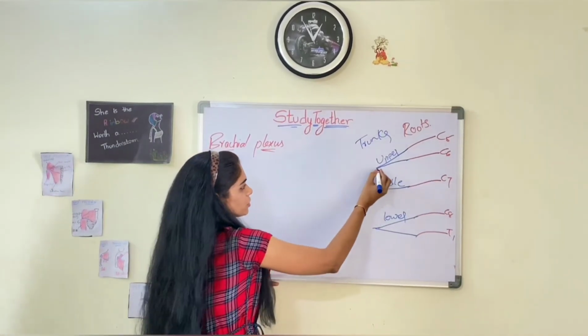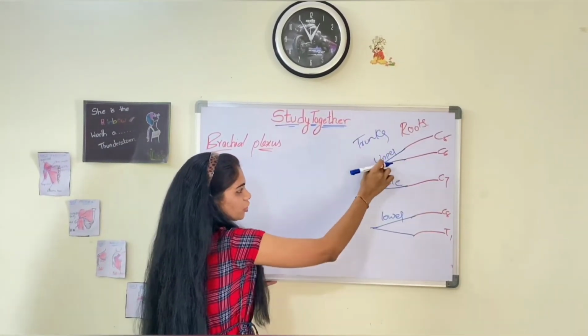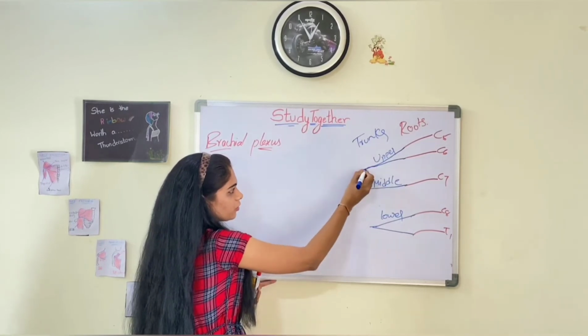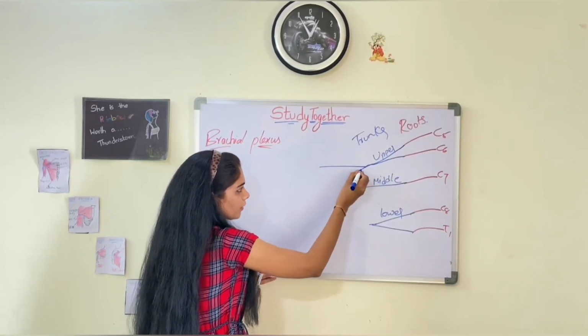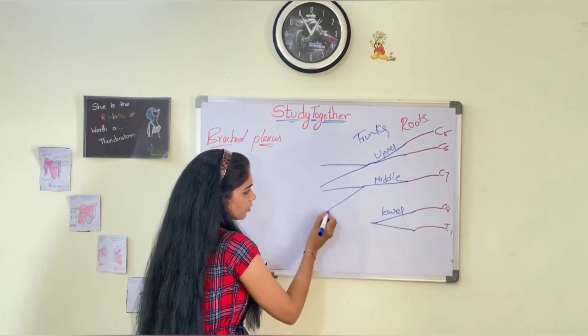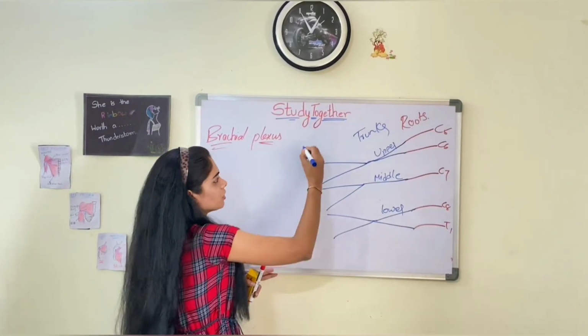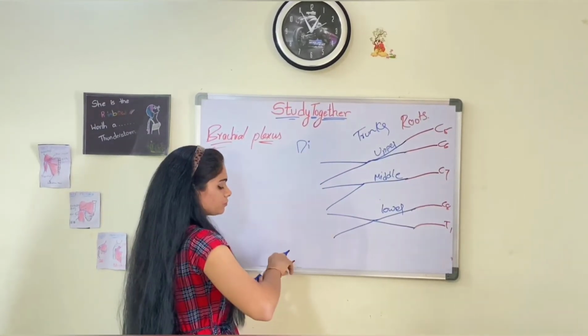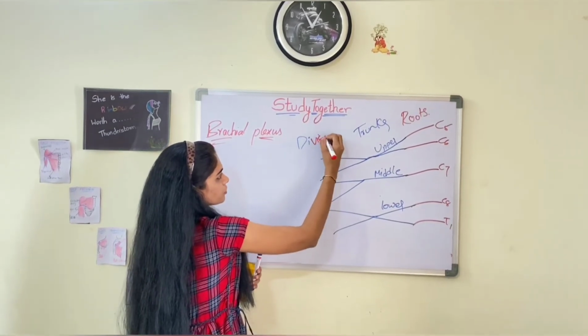Now coming to divisions, each trunk is divided into ventral and dorsal, ventral, dorsal, ventral, dorsal. So these are your divisions.